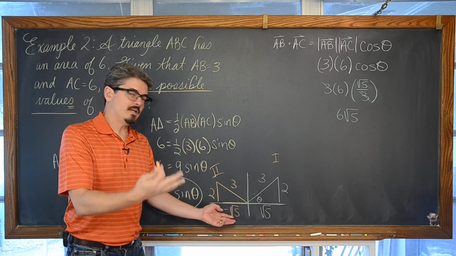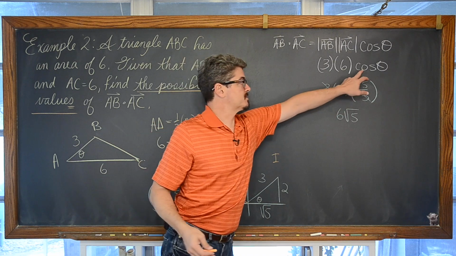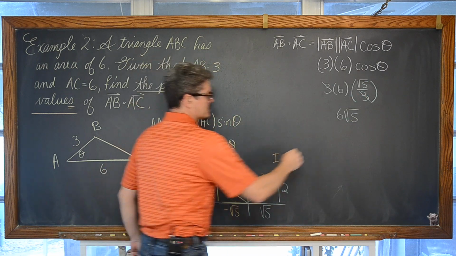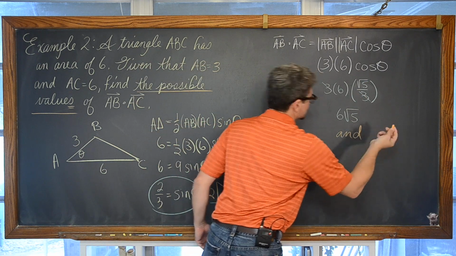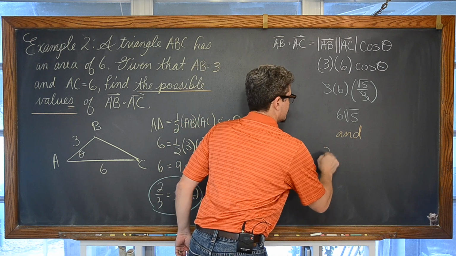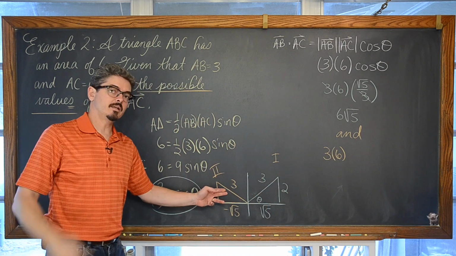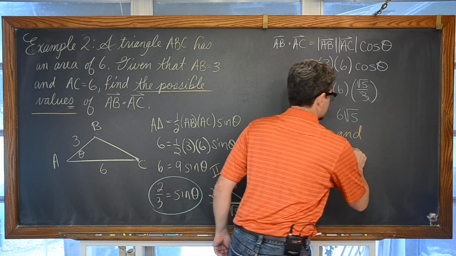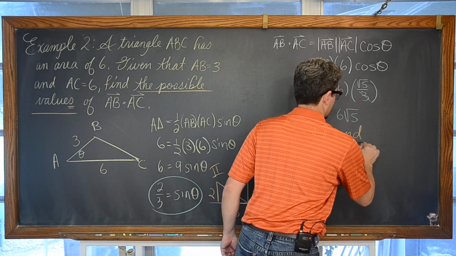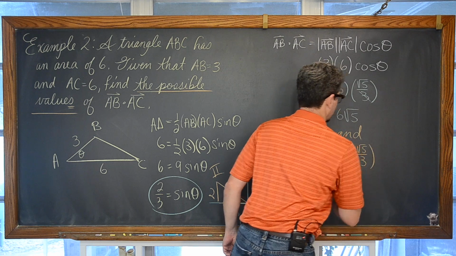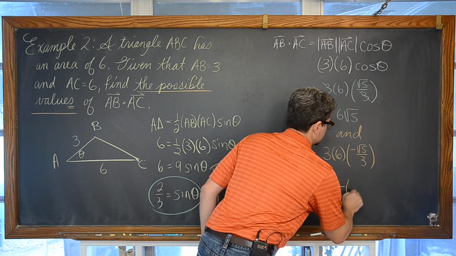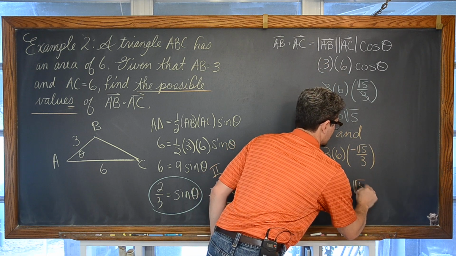And here in quadrant 2, our cosine is going to be negative, so our other possible value is coming from 3 times 6 times the cosine of theta, which in quadrant 2 is negative square root of 5 over 3. And our final answer is negative 6 square root of 5.